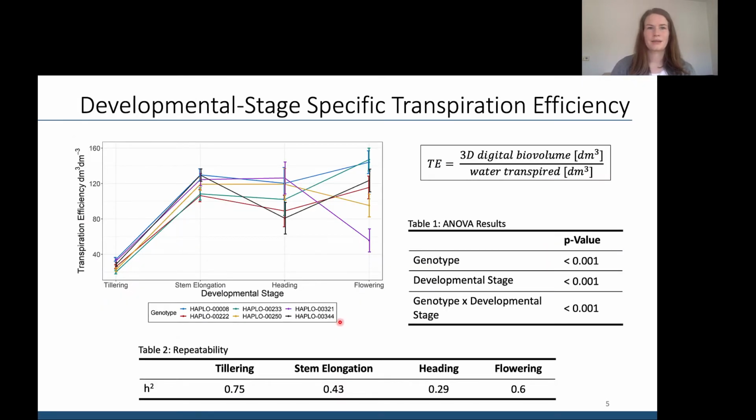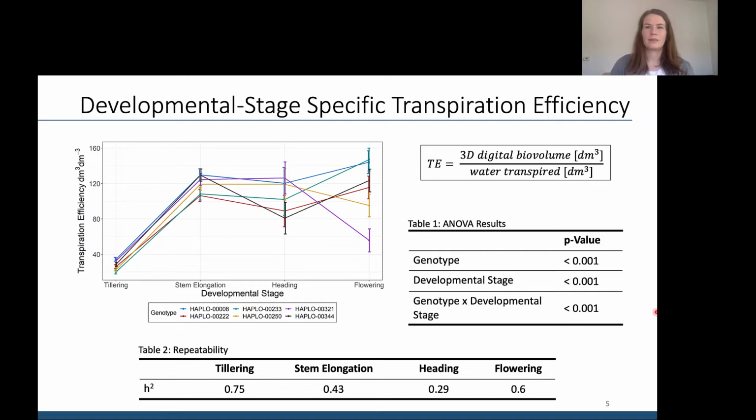In this context, transpiration efficiency is defined as the ratio of the biomass or biovolume estimated by the 3D laser scanner per unit of transpired water. And as you can see, there is genotypic variation for transpiration efficiency at each developmental stage, and also the ANOVA results show that there is a significant genotype by developmental stage interaction.